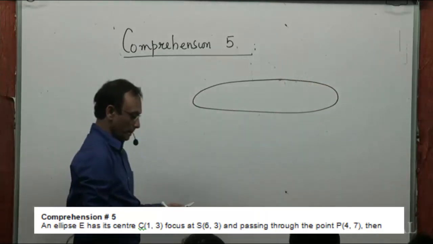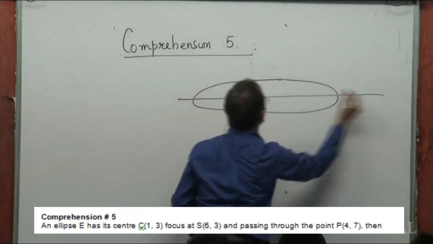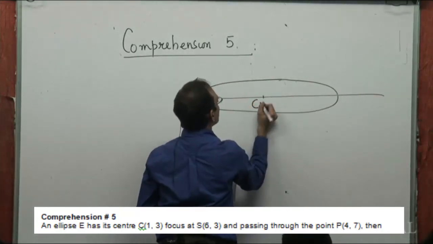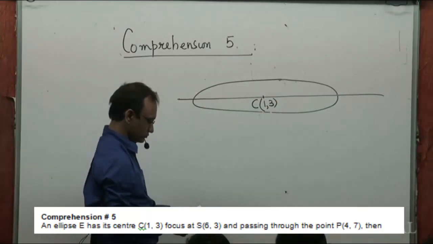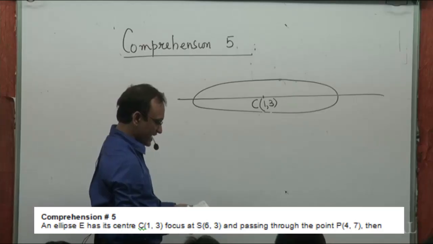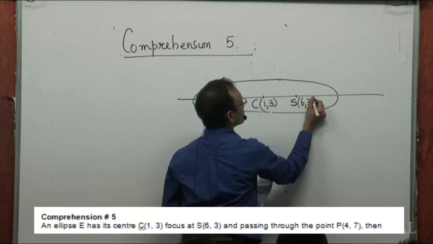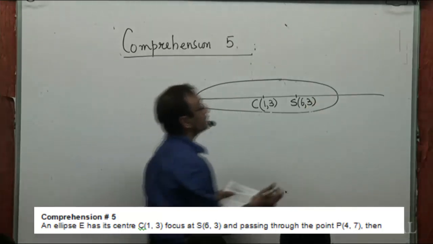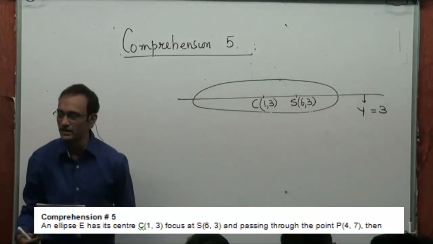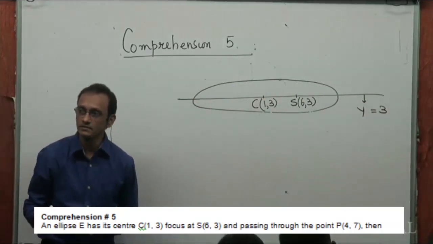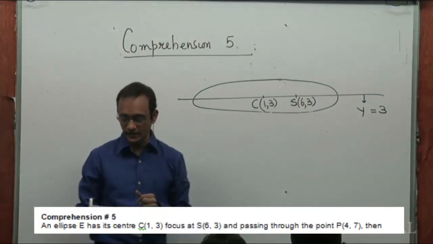This is an ellipse with its center C (1, 3) and focus S (6, 3). Very clearly, the major axis of the ellipse is y equal to 3, as you can see from inspection. Y equal to 3 is the major axis of the ellipse, isn't it? Look, y is 3. So y equal to 3 is the equation of the major axis of the ellipse.